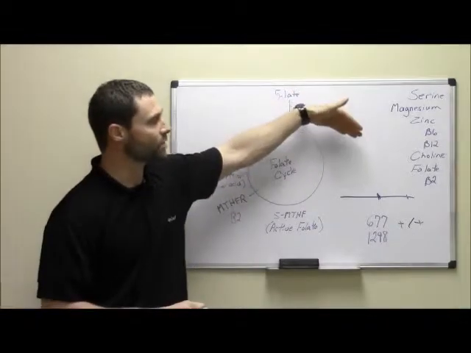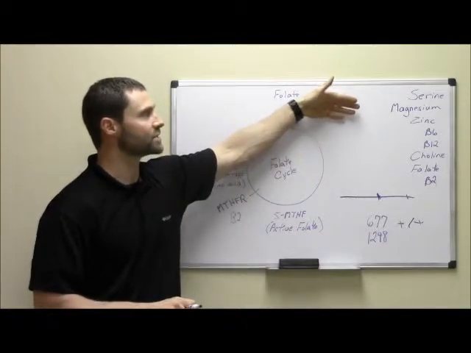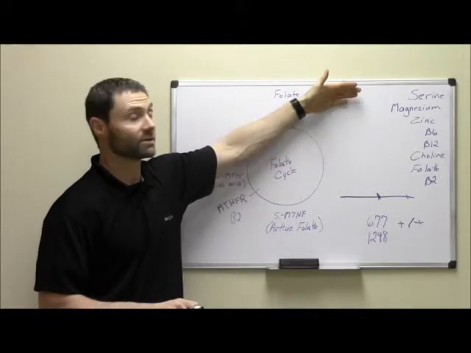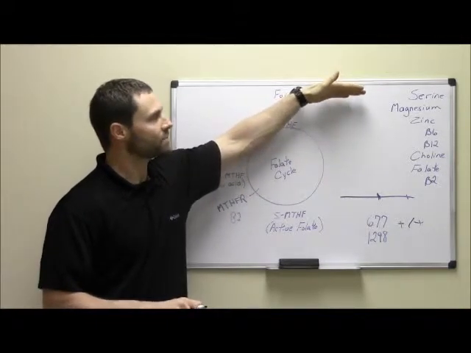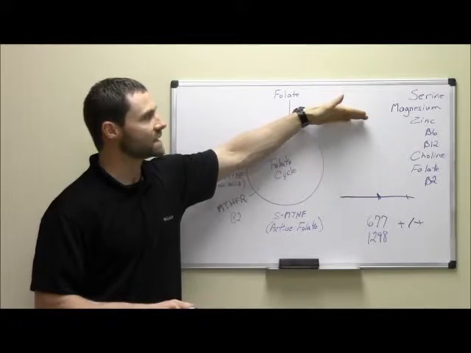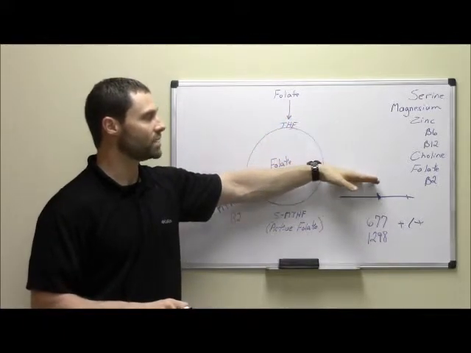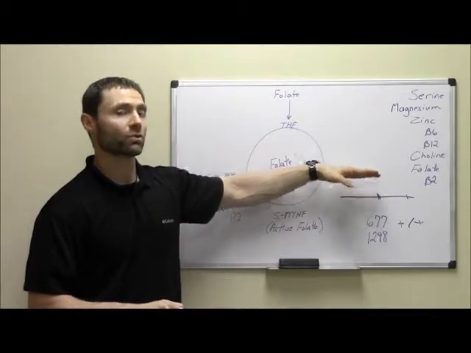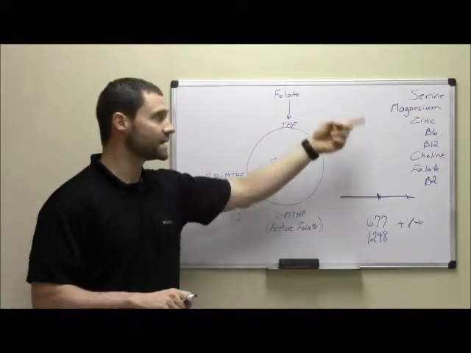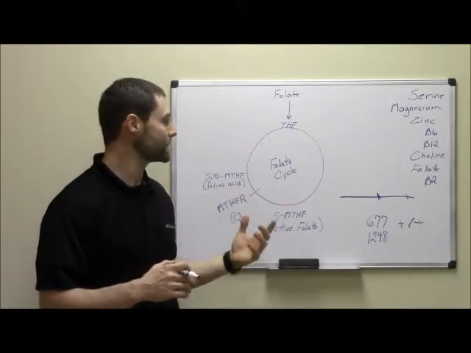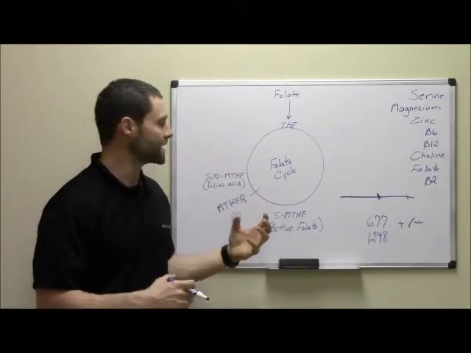I've put up a list of some of the ones that tend to come up most significantly or that are cofactors in these pathways and can show up to be deficient. So serine, magnesium, zinc, B6, B12, choline, folate, B2. It's important also to recognize in this list that a deficiency in any of these could inhibit the entire methylation cycles, the folate cycle and methionine cycle together.